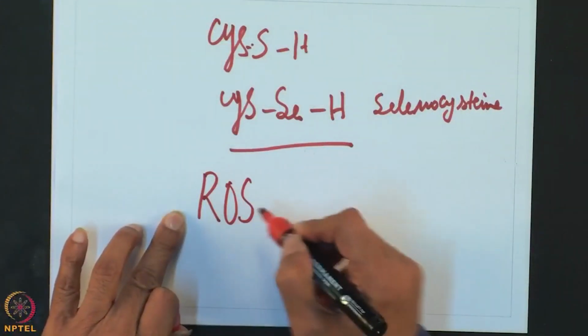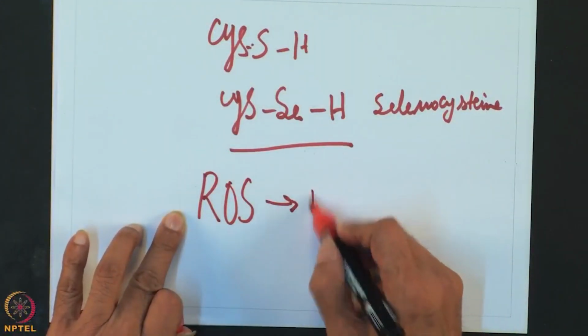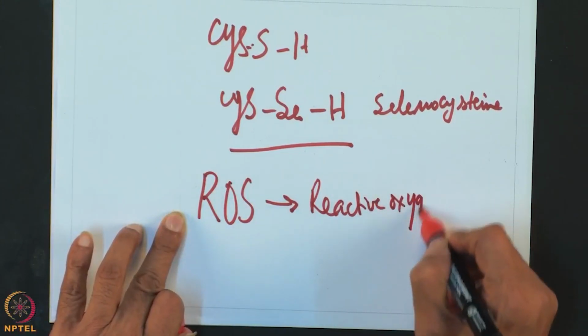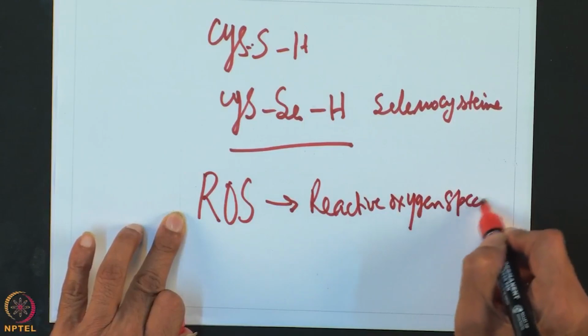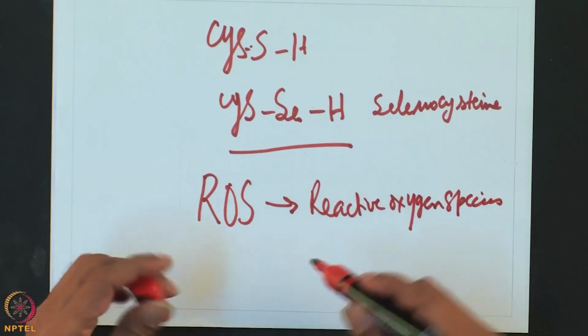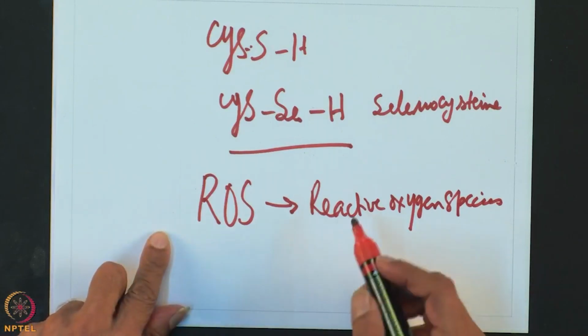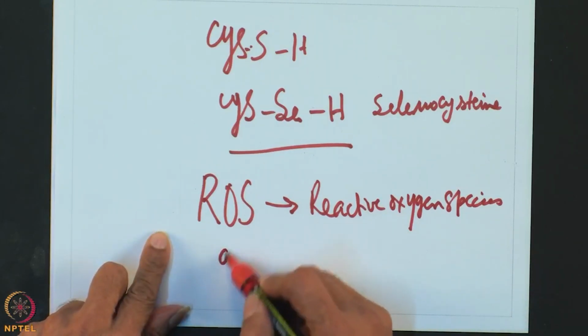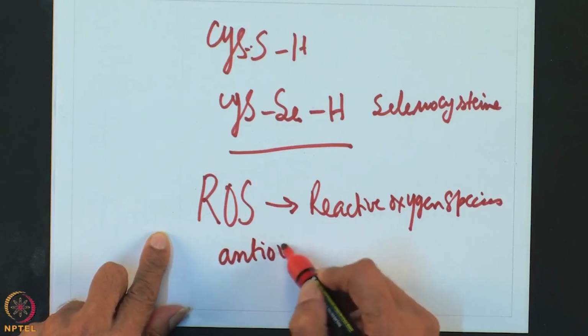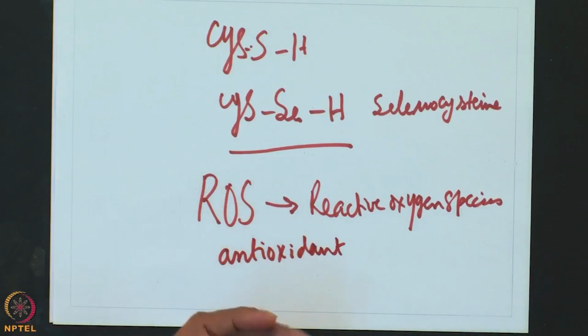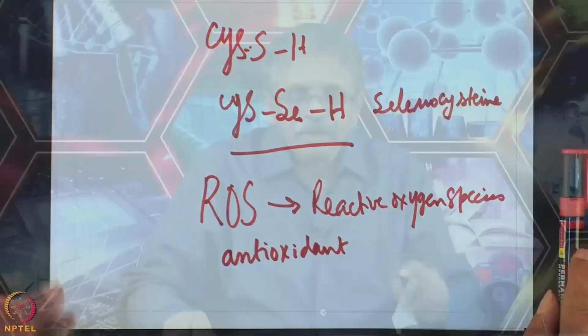These are called reactive oxygen species, as I mentioned earlier too. All of these species are dangerous to the tissue, and so removing all this means acting as an antioxidant. So, therefore, the glutathione peroxidase enzyme acts like an antioxidant because it can remove all this.